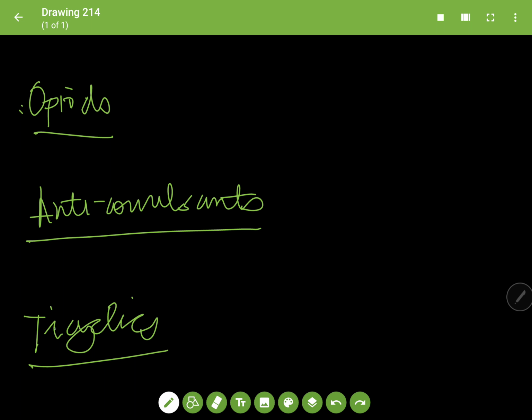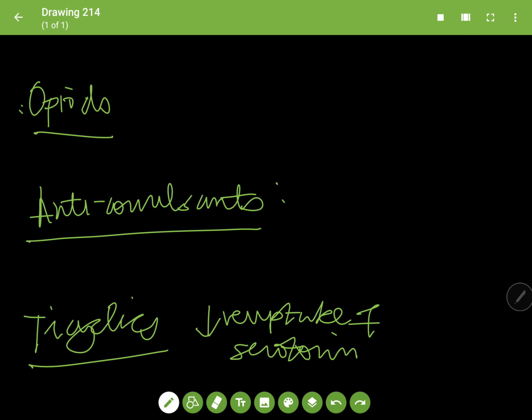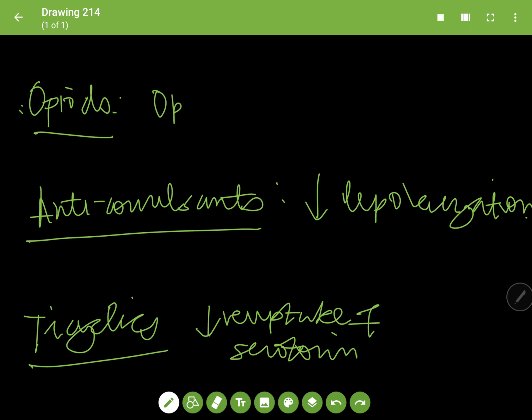And of course, these decrease the reuptake of serotonin. These decrease the depolarization of the CNS neurons, and these act on opioid receptors.